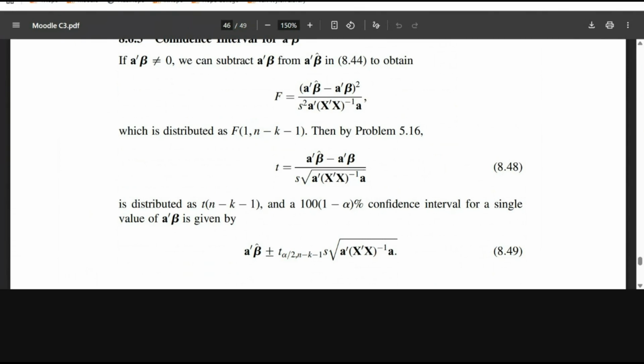The book calls it MSE. Yes, the book calls it MSE. I call it MS resid. I don't like these words. It's not the S root, it is S times. So if S squared is MS resid, S is always estimated by the square root of MS resid.